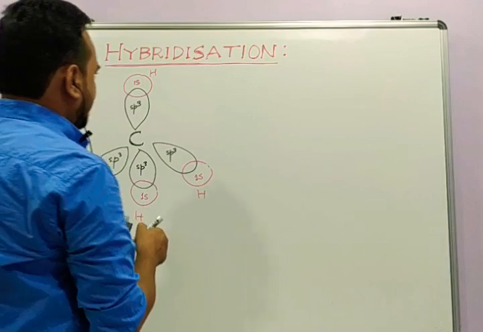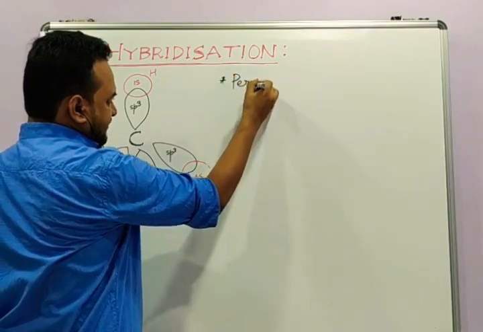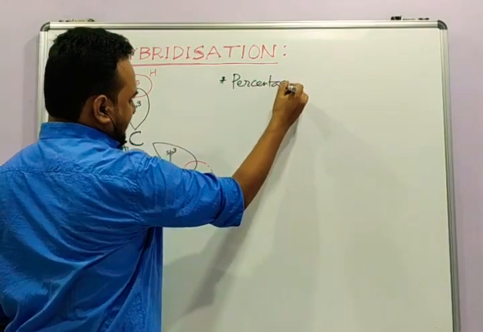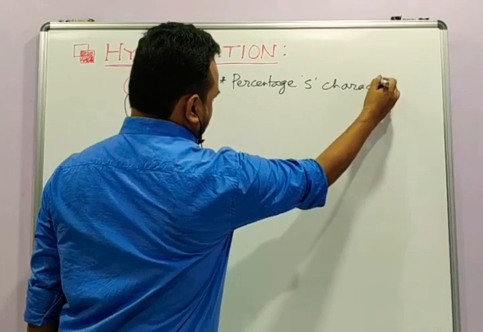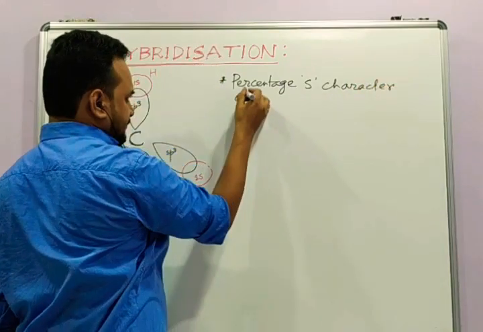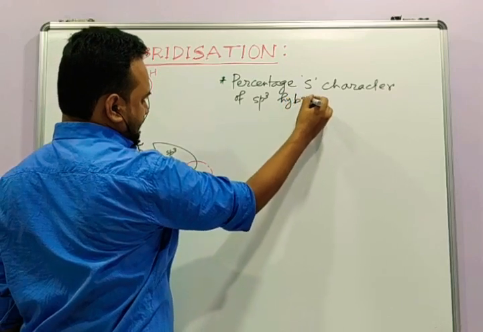Now the next thing is percentage s character of sp3 hybrid orbital.